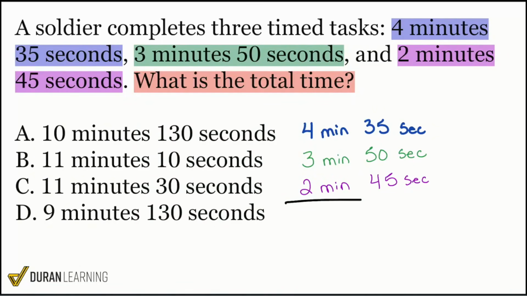But be careful. Again, I said currently 9 minutes. Quick question, everybody. If it just so happens that we have more than 60 seconds when we add up all of these seconds here, is it true or false that this number of minutes will go up? Yeah, absolutely true.